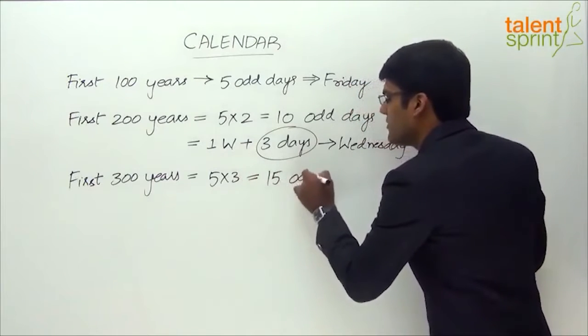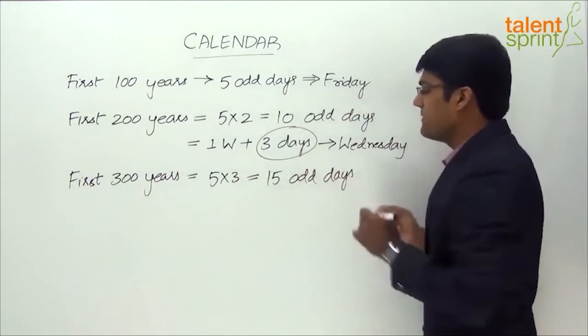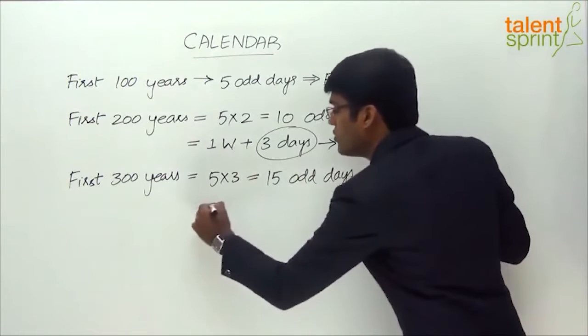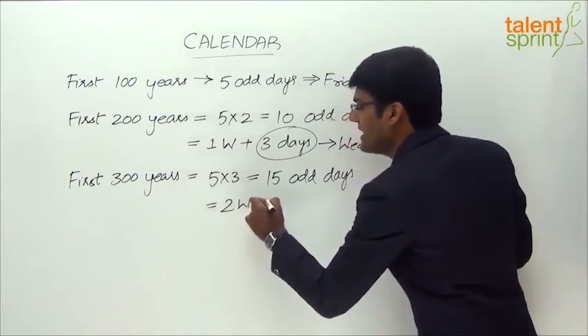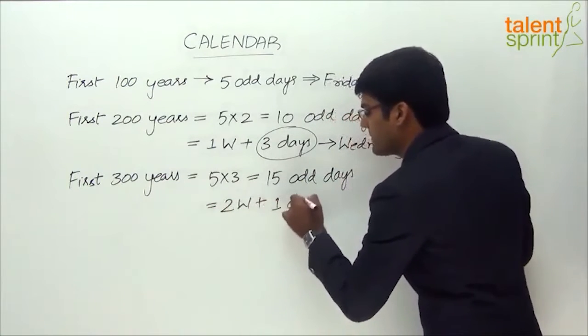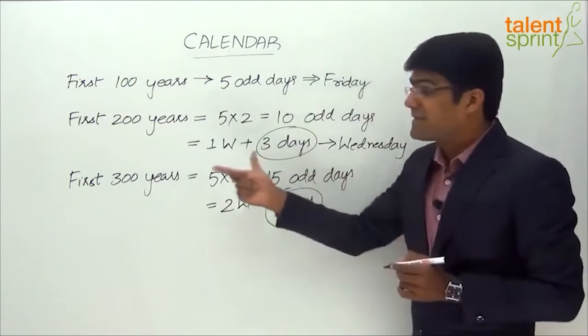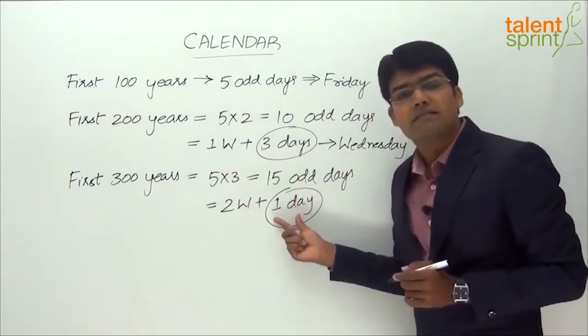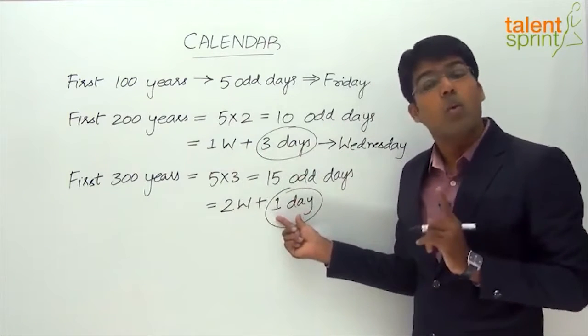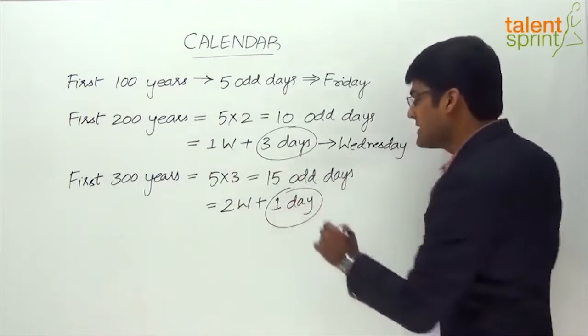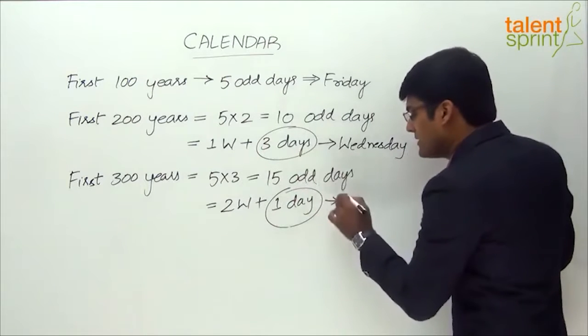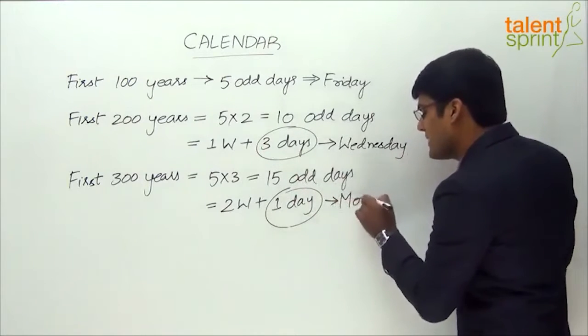But 15 odd days can again be split as 2 weeks, which is 14 days, and 1 additional day. So the actual number of odd days in the first 300 years is only 1, and 1 indicates Monday. So we can say the last day of the 300th year was a Monday.